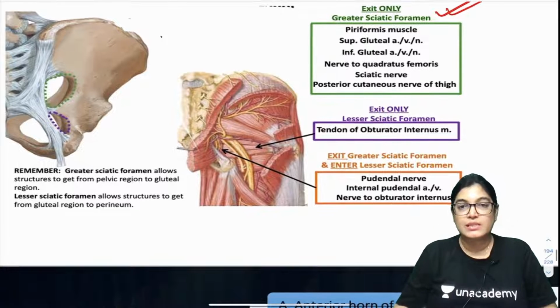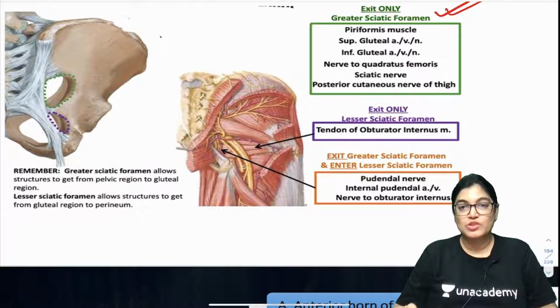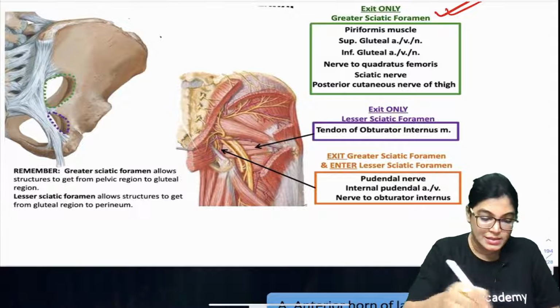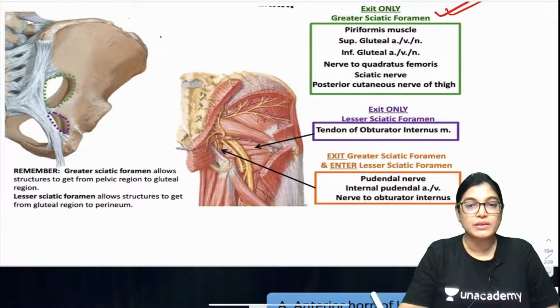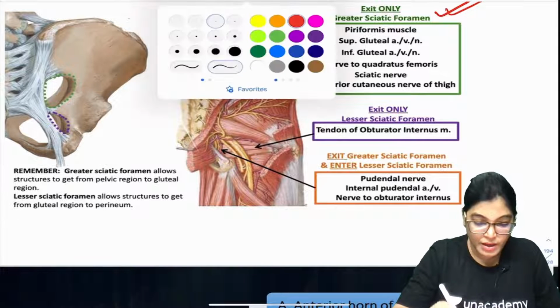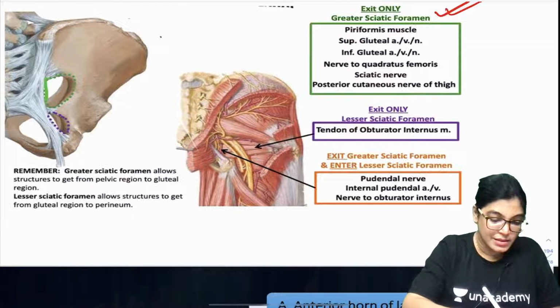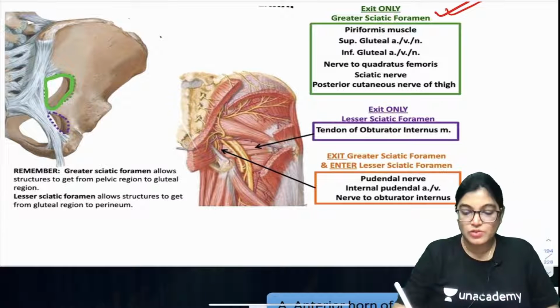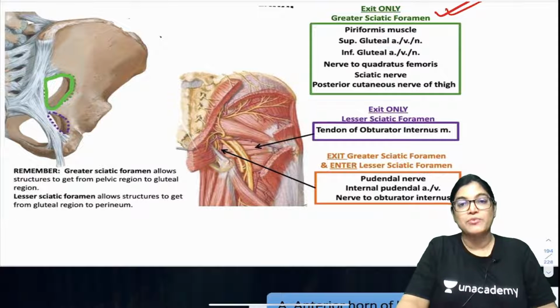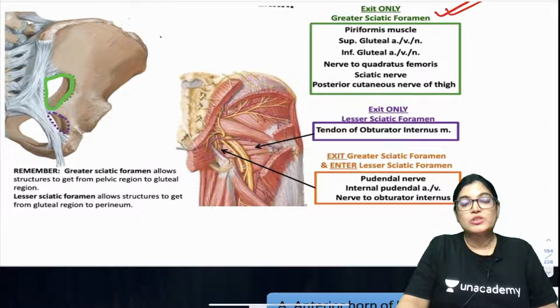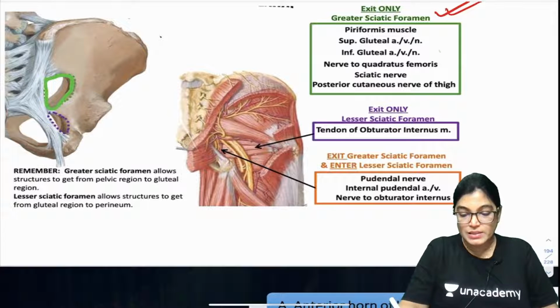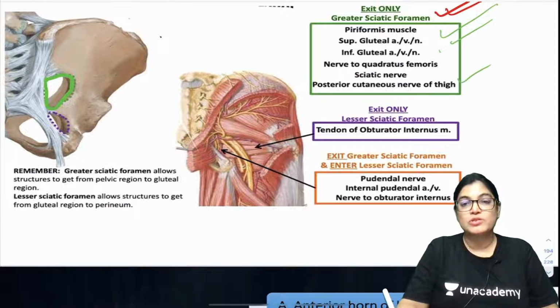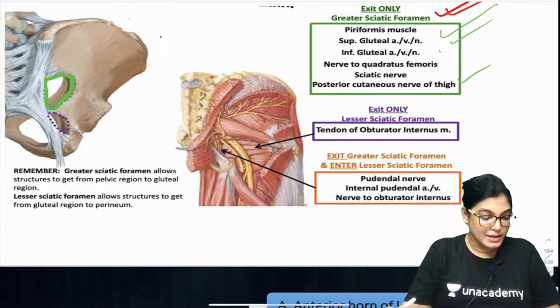The green box structures are those traversing or exiting through the greater sciatic foramen, which is shown here with a green dotted line. The structures passing through are the piriformis muscle, superior and inferior gluteal arteries, nerves and vessels, nerve to quadratus femoris, sciatic nerve, and posterior cutaneous nerve of thigh.